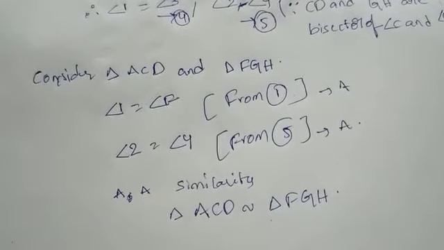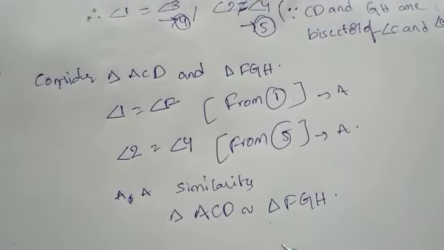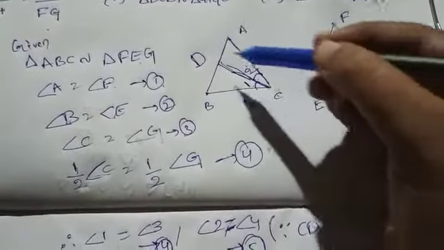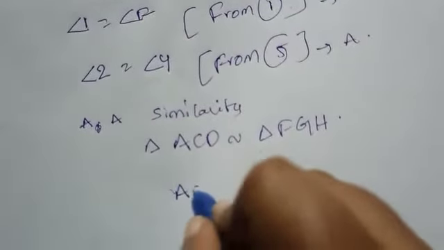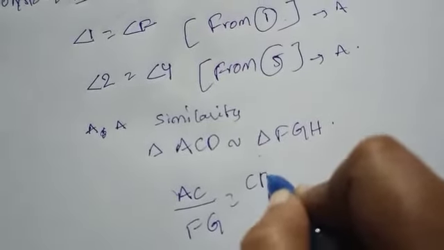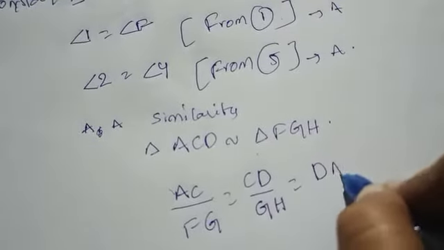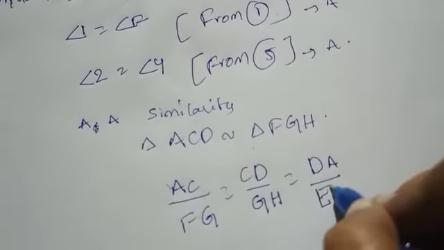We know if two triangles are similar, then corresponding angles are equal and corresponding sides are in the same ratio. Here AC by FG equals CD by GH, which is equal to AD by FH.